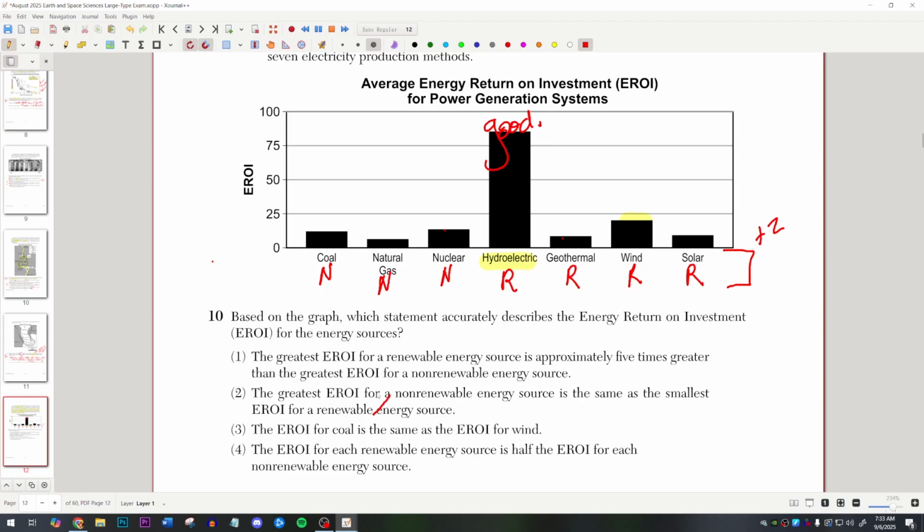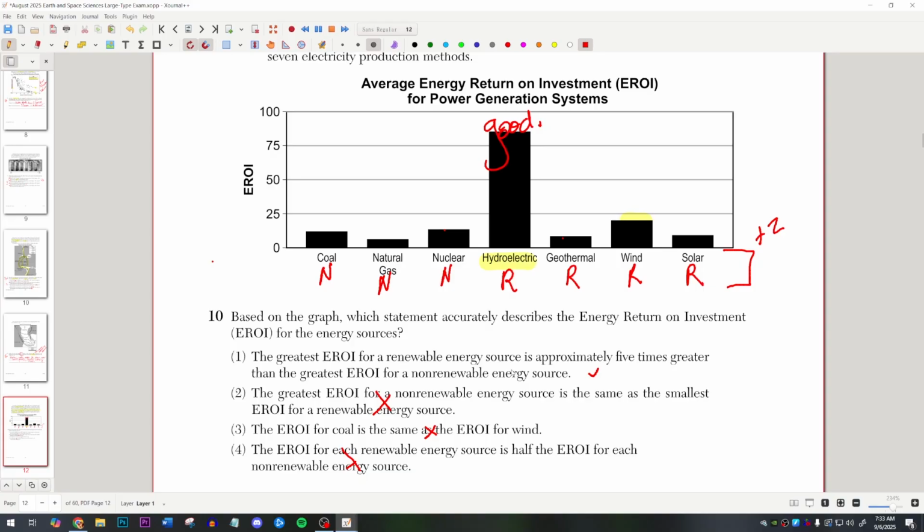That's wrong. Nuclear is higher. The EROI for coal is the same as the wind. No, that was an easy choice to eliminate. The EROI for each renewable energy source is half for each non-renewable. That's not true. So really, this is probably right, but let's just check it.